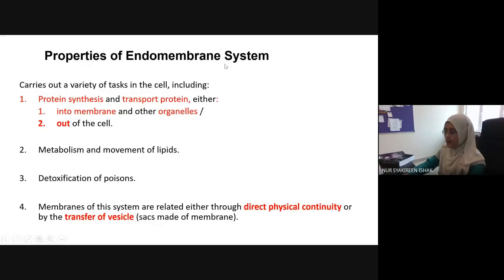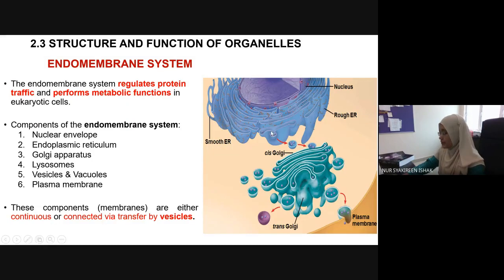Okay, so the properties of the endomembrane system. It carries out a variety of tasks in the cell, including, one, protein synthesis and transport of protein, either into membranes and other organelles. If you can see in this diagram, the rough ER has bound ribosome, and the function of the bound ribosome is to synthesize protein. So the protein is now within the lumen of the rough ER, and the protein is packaged into vesicle.